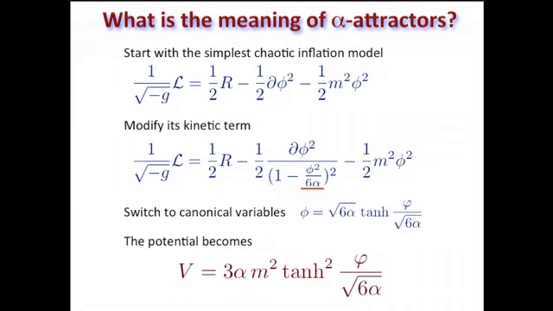So in terms of this new field, curly phi, you will have the normal canonical kinetic term, but the potential will change. The shape of the potential in these new variables looks like that: m squared as before, and here comes the hyperbolic tangent.